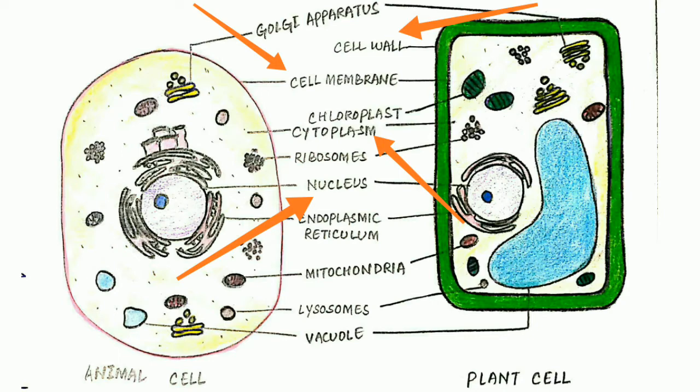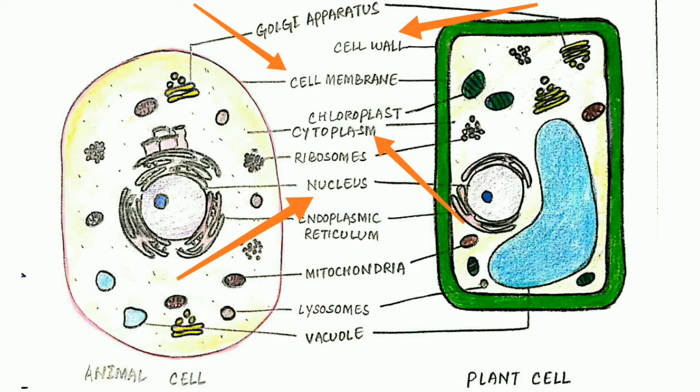The cytoplasm is a fluid-like substance present in all the cells. It contains the cell organelles. The nucleus is the control center of the cell. It is the most essential part of the cell, which controls all the activities taking place in the cell. It is usually spherical in structure.